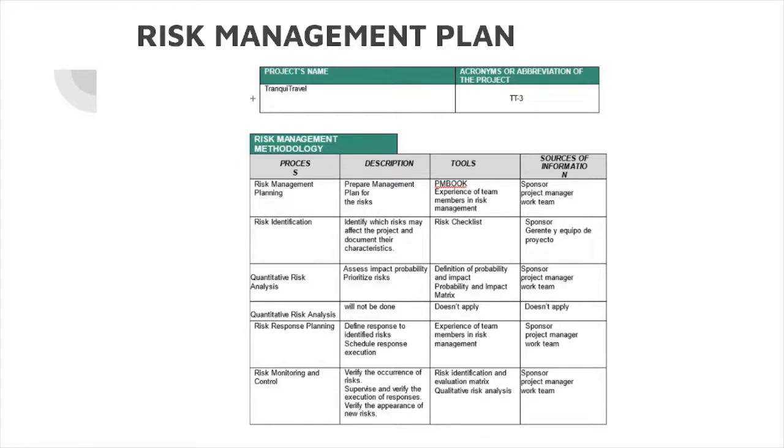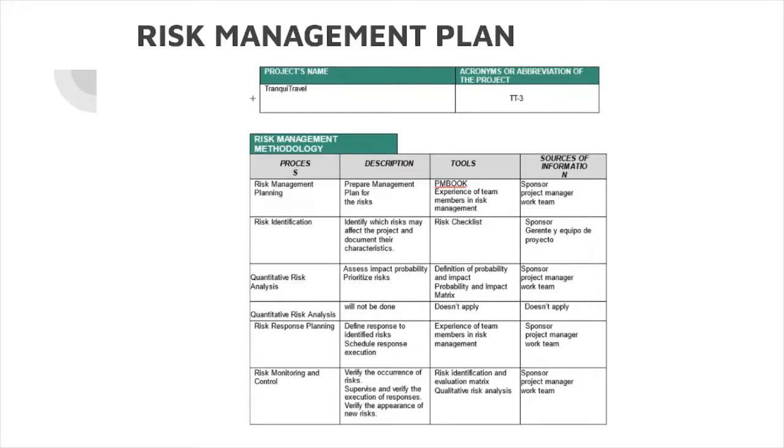For the first, prepare the management plan for the risk. Second, identify which risks may affect the project and document their characteristics. Next, assess impact and probability and prioritize risks; quantitative analysis will not be done. Define responses to identified risks and schedule response execution.